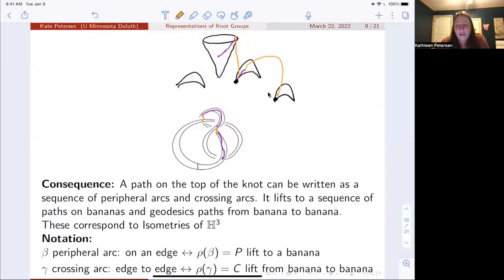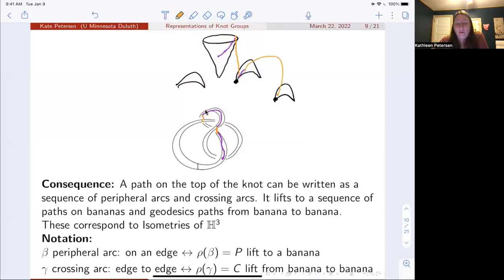So I'm going to call these ideal points, where the crossing geodesics get closer and closer to as you take smaller and smaller neighborhoods, the preferred ideal points. So when I take a path along the knot, I can do it as a sequence of peripheral paths, which lift to paths along a banana, followed by a crossing arc, and that I can take to be a geodesic, part of a geodesic that goes from one banana to another banana.